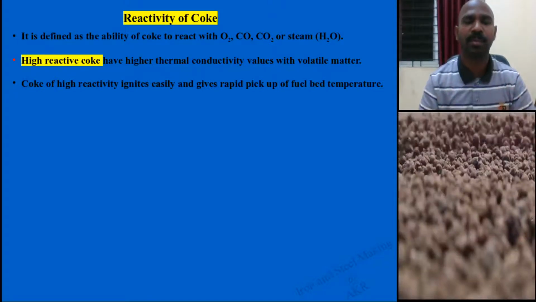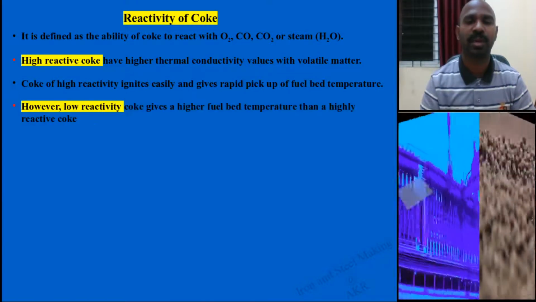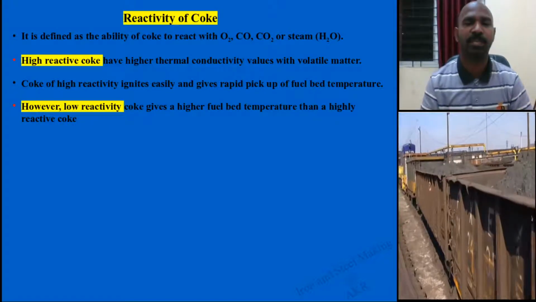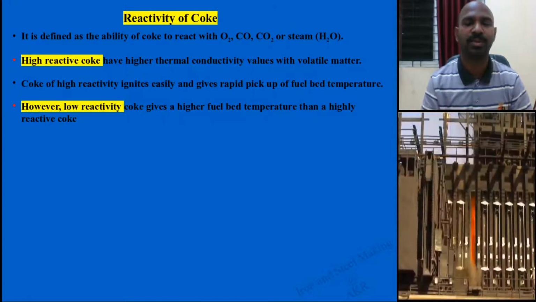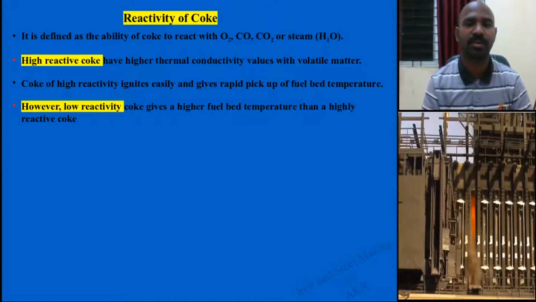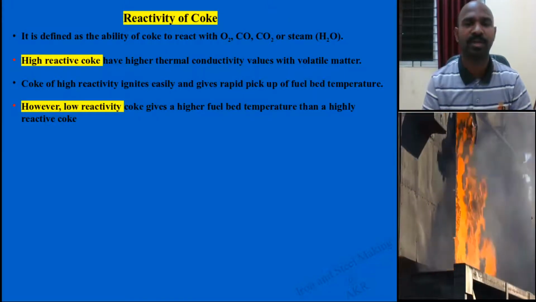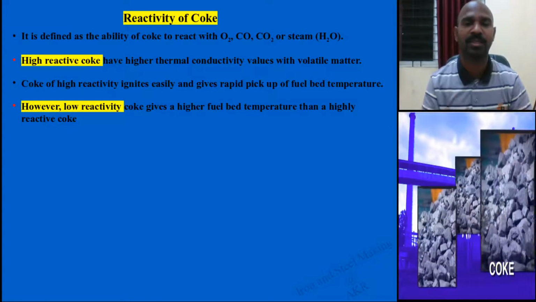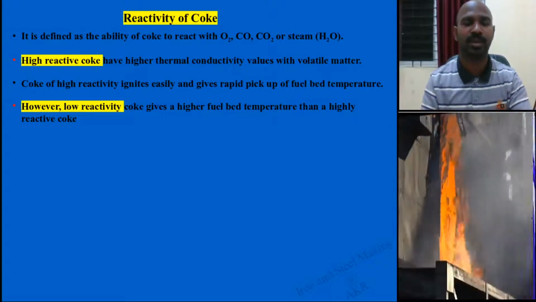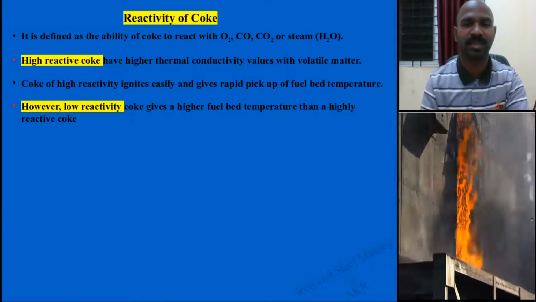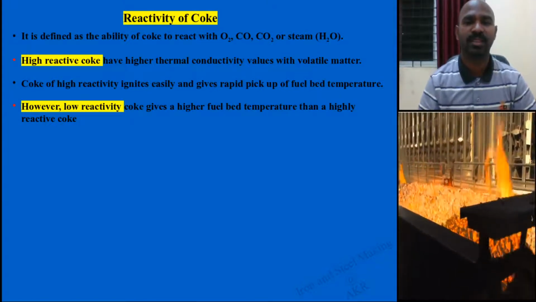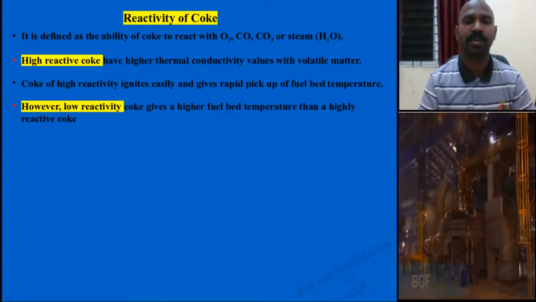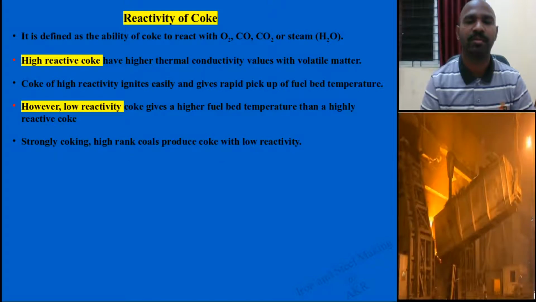That is one more advantage. And the other thing is, if the coke has lower reactivity, there is an advantage of fuel bed temperature. Fuel bed temperature achieved from low reactivity coke is higher than from high reactivity coke. This is a limitation. Conclusion.